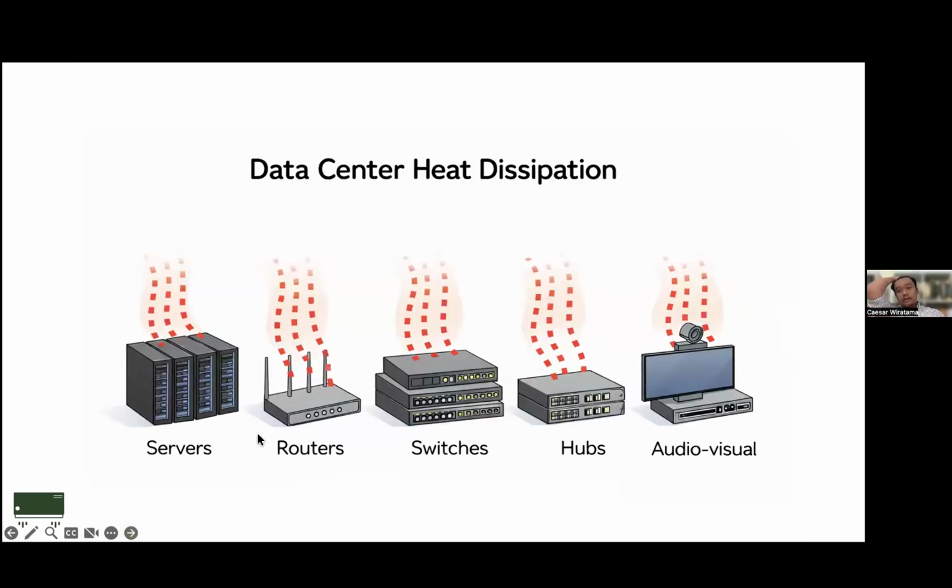Okay, why do data centers have high heat dissipation? We know from our laptops or computers that if we use a lot of CPU power or RAM, you will notice the fans move faster with higher RPMs.